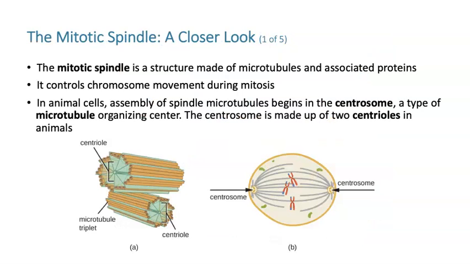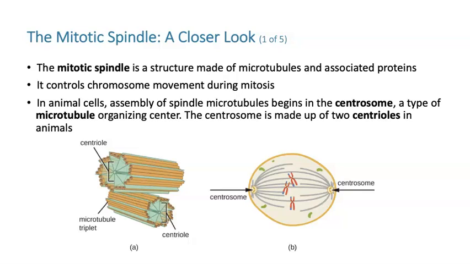Let's take a closer look at the mitotic spindle. Remember the spindle, that's like these spindle fibers right here. The mitotic spindle is made up of microtubules and some other proteins. If you don't remember what microtubules are, you might want to go back to when we were talking about structures of the cell and take a look at that.